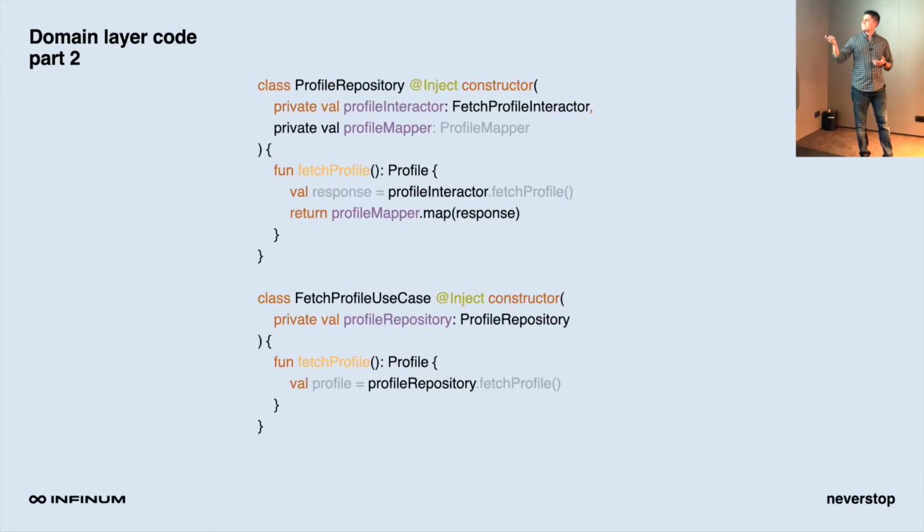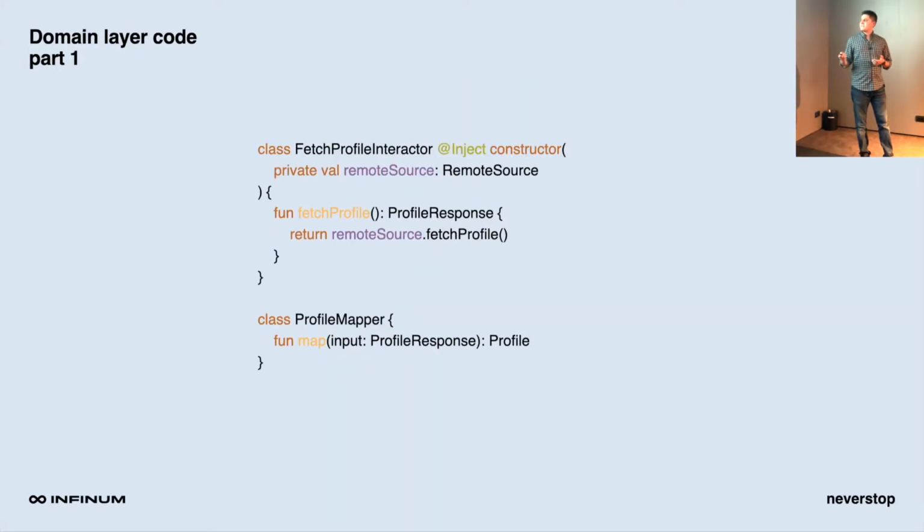And then next, I'm going to use interactor to communicate with that source. And the interactor is actually the last class that still deals with the data objects, so profile response. And at this point, I would want to map it into something else, into a domain, because, as I said, I don't want to mix the two. I want to use domain object in my UI, because my business logic is built around the domain.